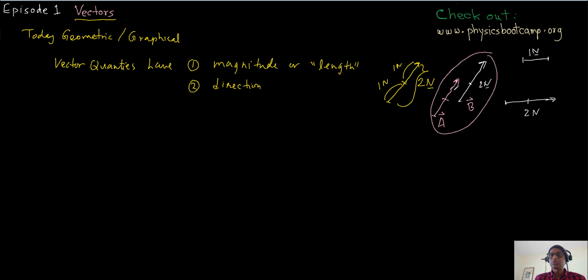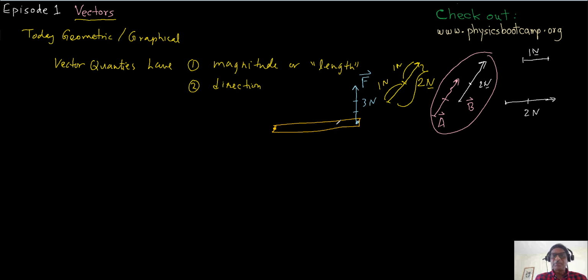So I can draw the same force anywhere. Suppose you had a bar and you're pushing it up over here with, say, a 3 Newton force, some force F here.